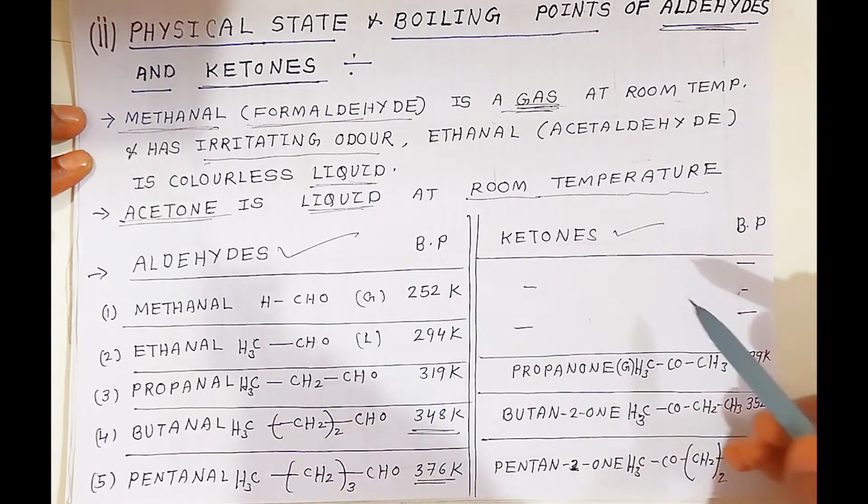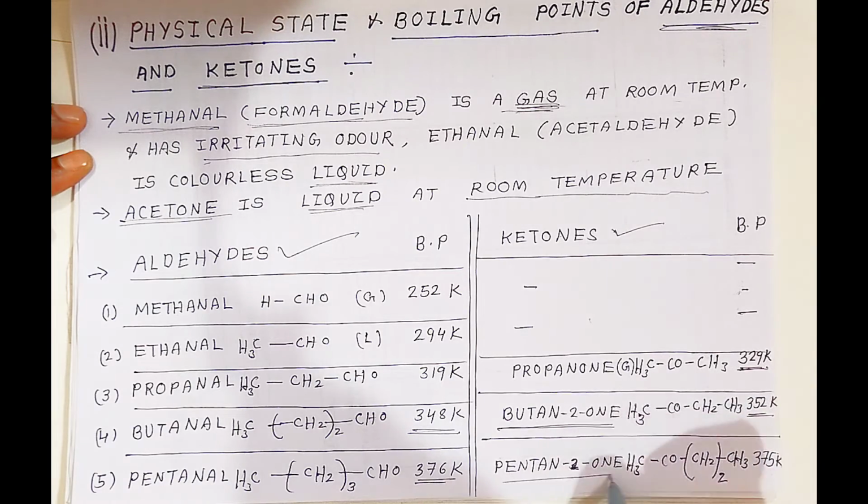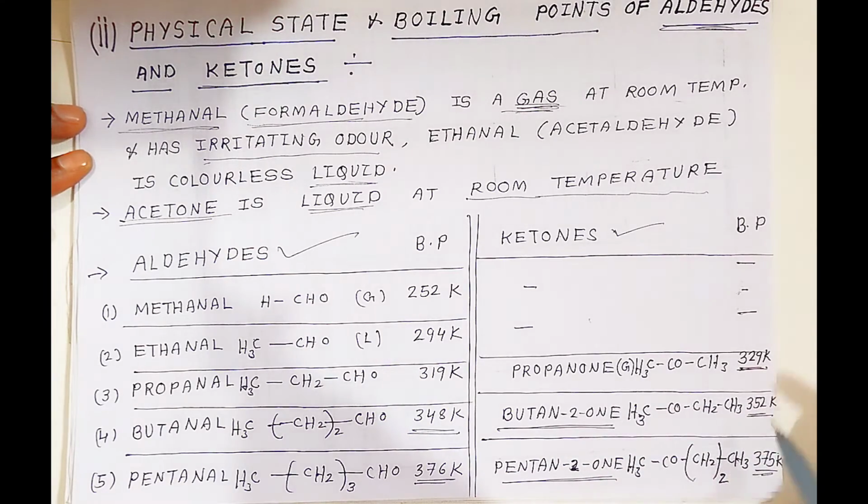Understanding, students? Same way in ketones, propanone is 329 Kelvin. Butan-2-one is 352 Kelvin. Pentan-2-one is 375 Kelvin. Now when you see the numbers, they are increasing. So also you can say, students, in ketones, as the molecular mass increases, as the number of carbons increases, the boiling point also increases.